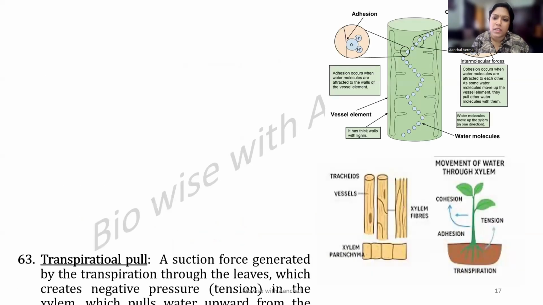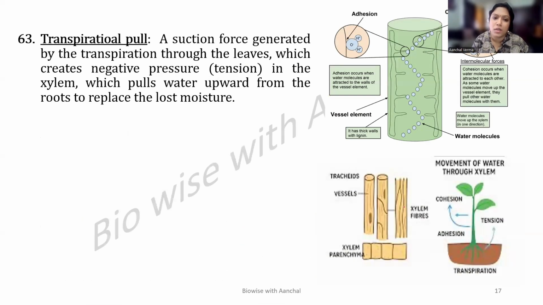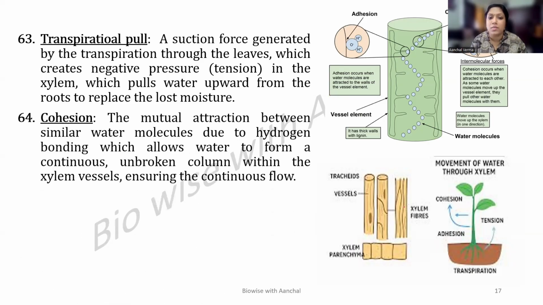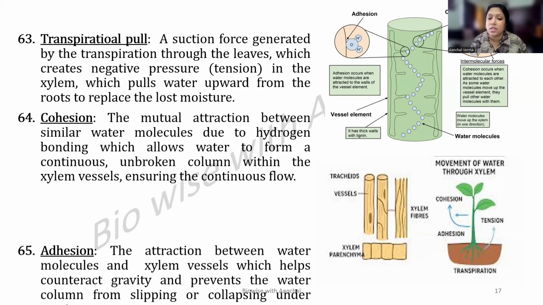Next one is transpirational pull, a suction force generated by the transpiration through the leaves, which creates negative pressure in the xylem, which pulls water upward from the roots to replace the lost moisture. It's just like a suction pressure created because of transpiration. Cohesion is a mutual attraction between similar water molecules due to hydrogen bonds, which allows water to form a continuous unbroken column within the xylem vessel, ensuring continuous flow.